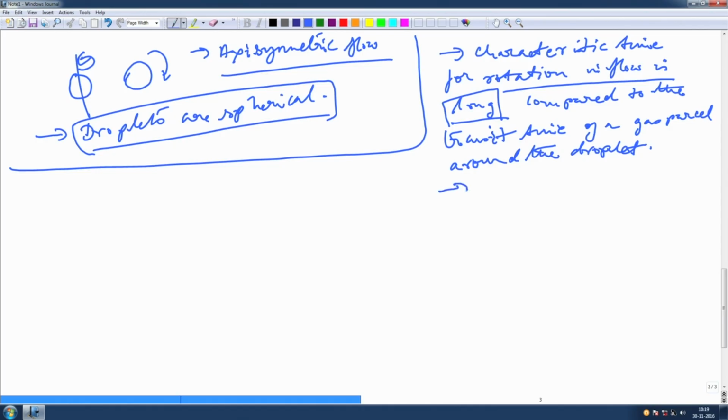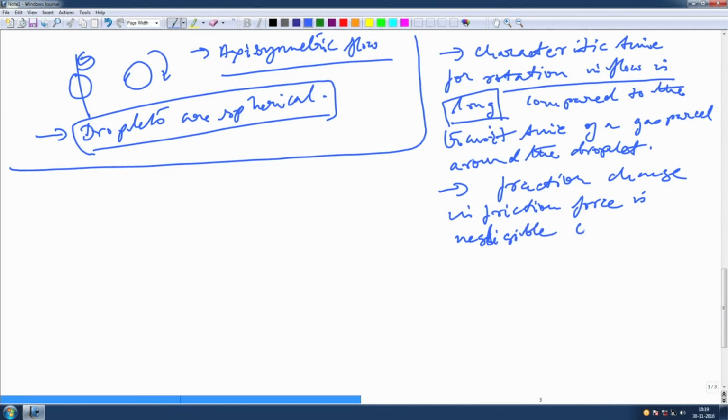And the second corollary is that the fractional change in friction force, and why is this important? The change in friction force is negligible, and it should be of the order of 1 over the Reynolds number, right. Order means that it is of a similar order. When we say order, we do not mean the exact number, we mean the scale essentially.